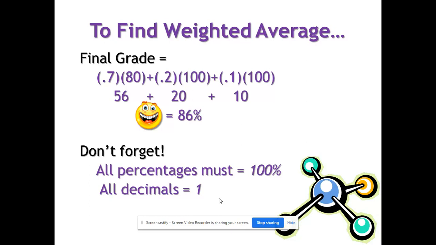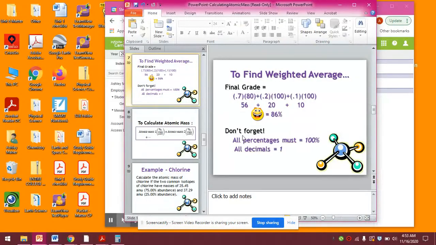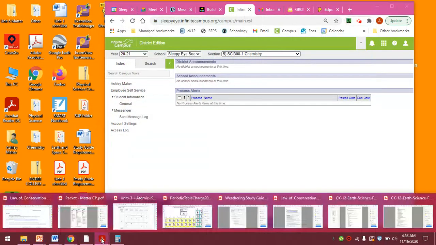Okay, so this is the end of what you guys have in your packet. However, I am missing a page from here. I'm looking at your packets, and there's actually a page that did not get copied, and so I'm going to have a printout of that missing page for you guys to staple into your packets, and then for the rest of you, if you're still at home, I'll have a copy of that one sent to you electronically.